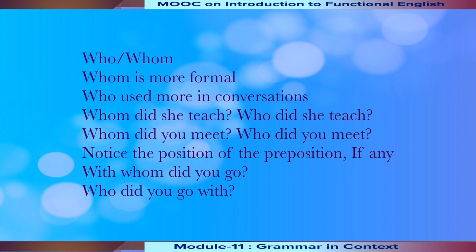Now look at the sentences. Whom did she teach? Who did she teach? Whom did you meet? Who did you meet? Okay. So whom is slightly more formal, and who is used more in conversations. You see the functional difference between who and whom.